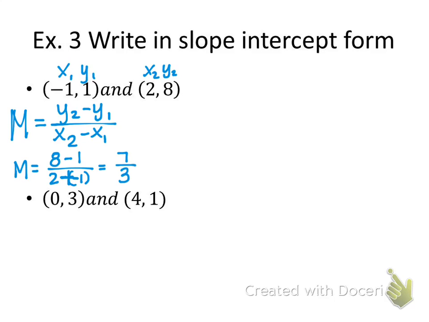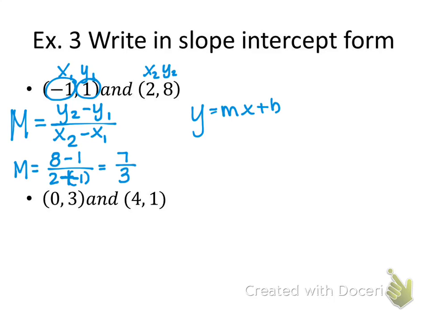Now, there are 2 different ways you can do this. I'm actually going to teach you both, and I'm going to let you decide which one you think is easiest. The first way is you take the formula y equals mx plus b and plug in what I know. I know an x, which is this. I know a y, which is this.